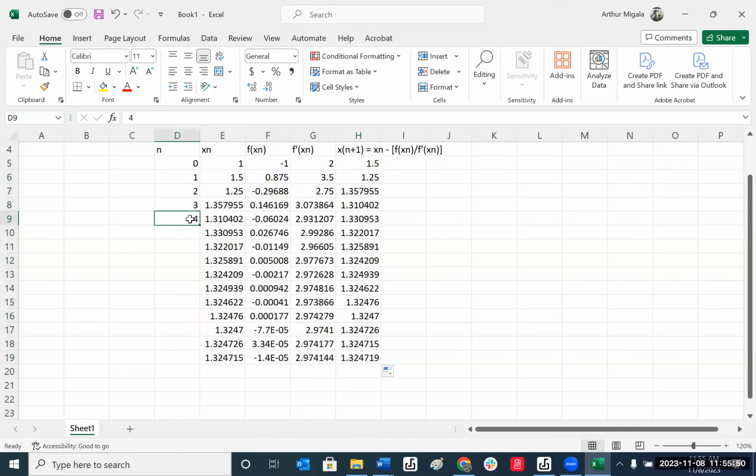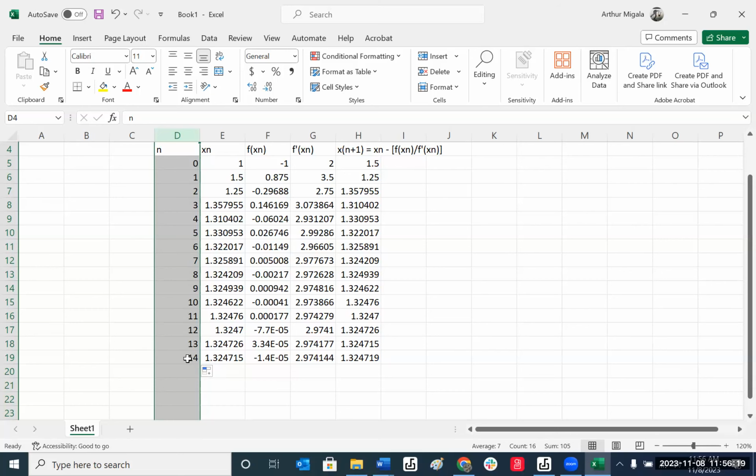There, now you see how accurate we're getting? But you see, we're now getting 1.324715659.